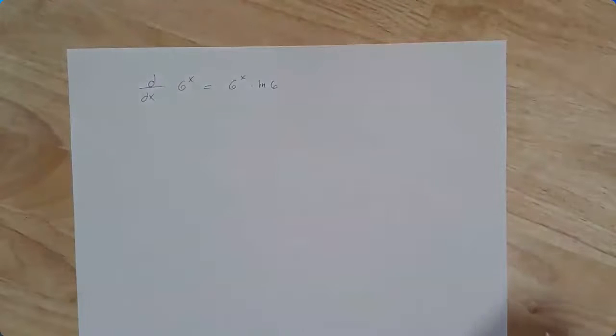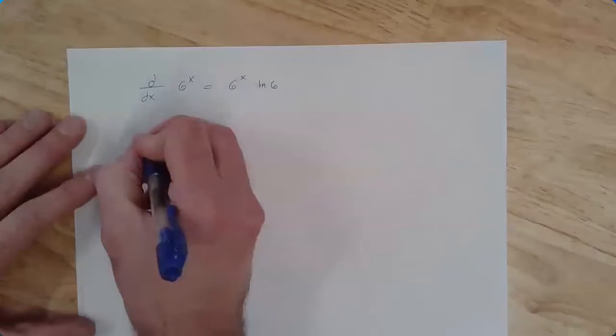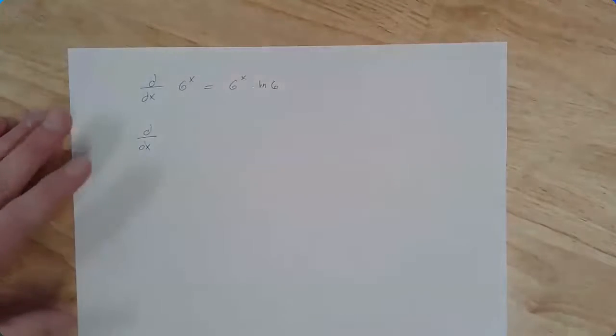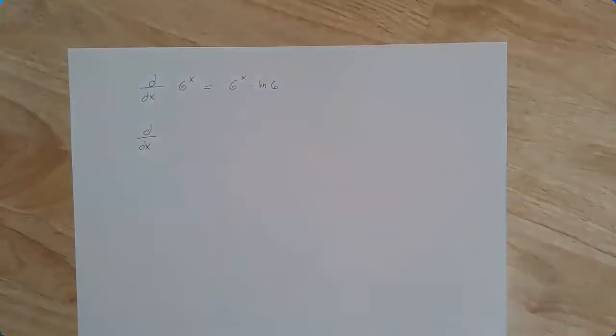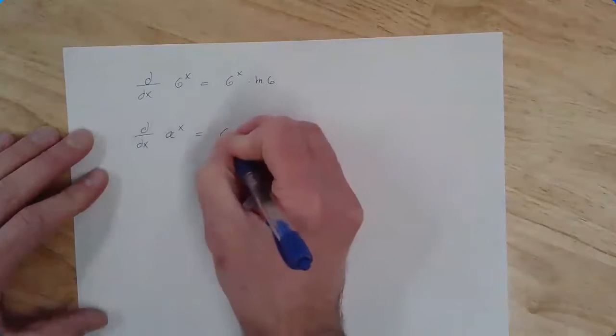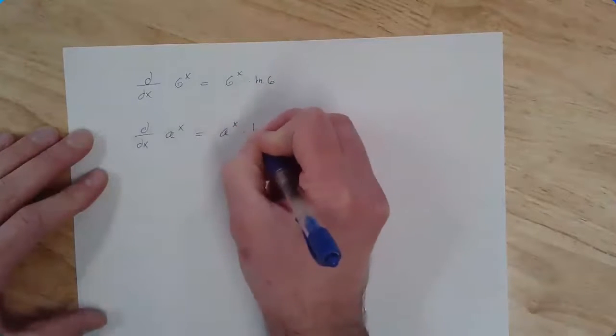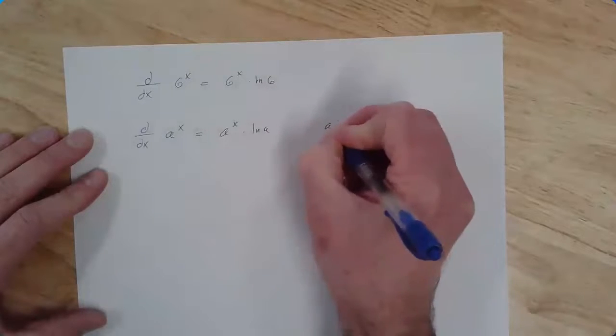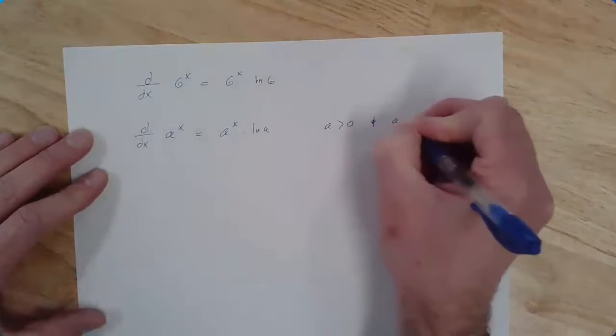And more generally, for any positive base that's not 1, using the same notation as the handout, the derivative of a to the x is equal to a to the x times the natural log of a, as long as a is positive and not equal to 1.